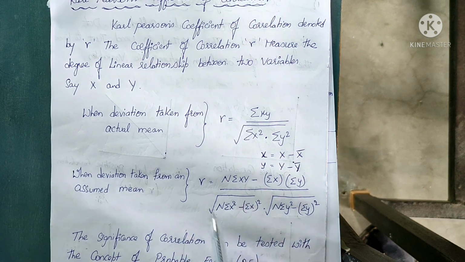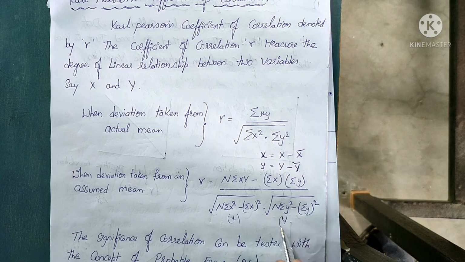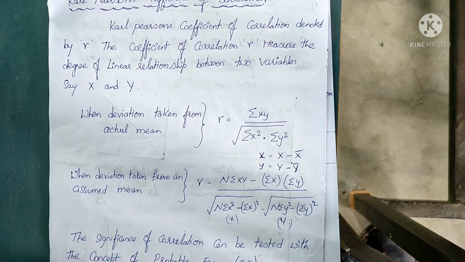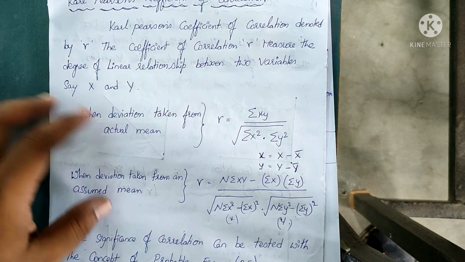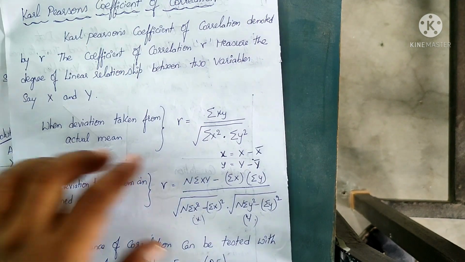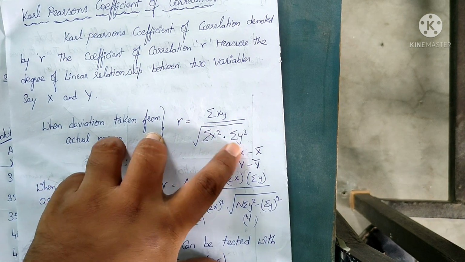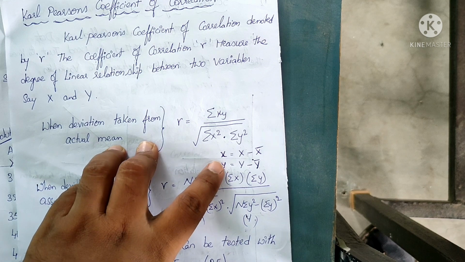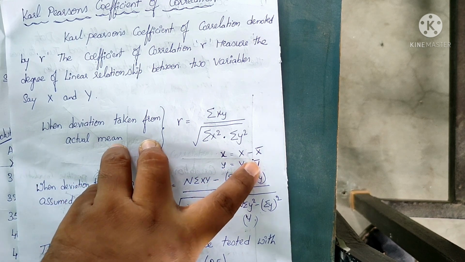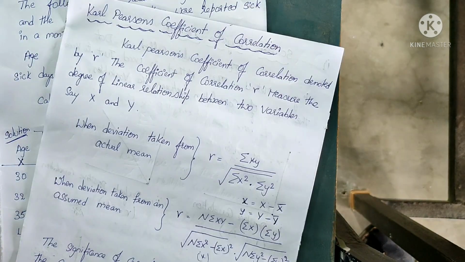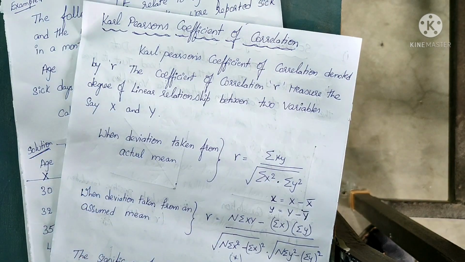Here all are the x terms, here y terms. Suppose deviations are taken from actual mean, where x equals x minus x bar and y equals y minus y bar. So we can do the sum in actual mean.